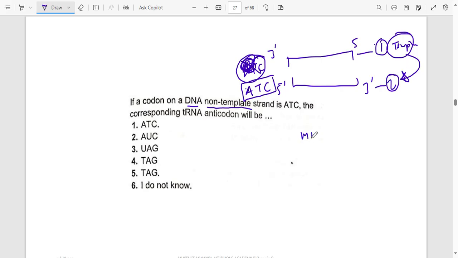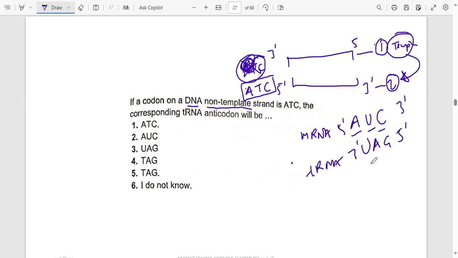Meaning that the mRNA is going to have also A, but you just don't have T. Where there's T, you put U, and then C from the 5 prime to 3 prime. And then if this is mRNA, then the tRNA anticodon is going to be the one which is complementary to this one. 3 prime, and A pairs up with the U, U with the A, C with the G, and then 5 prime end. So this is going to be it.